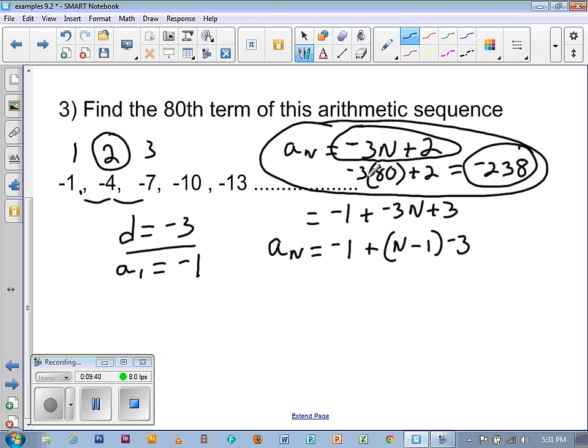If I put the third term in, 3, -9 plus 2 is -7. So when you're checking this, don't do what I just almost did. Put the term in. Don't put the value in, okay? And that's what n represents. And so it works. It works for each one of these. So if we put the 80th term in, you're going to end up with a negative 238.